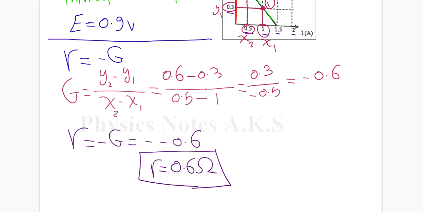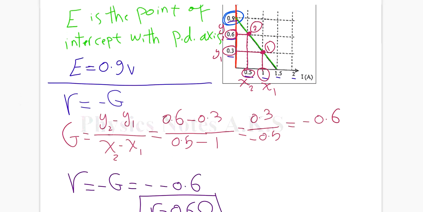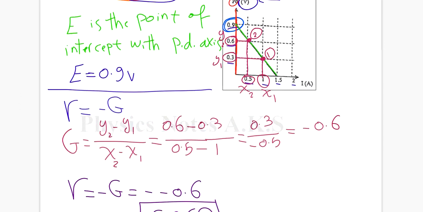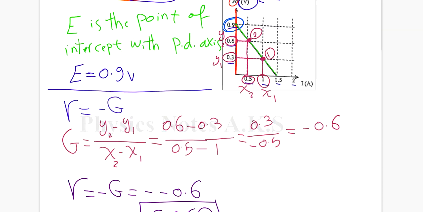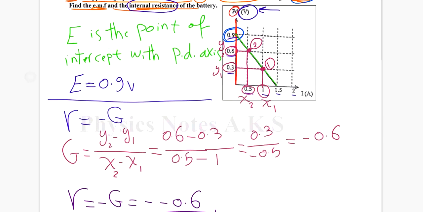So always remember these two notes. I'm going to use a new color, black. These two notes that we depended on: if they give you the variation of potential difference and electric current inside the battery, the line will be going down. They are inversely proportional.